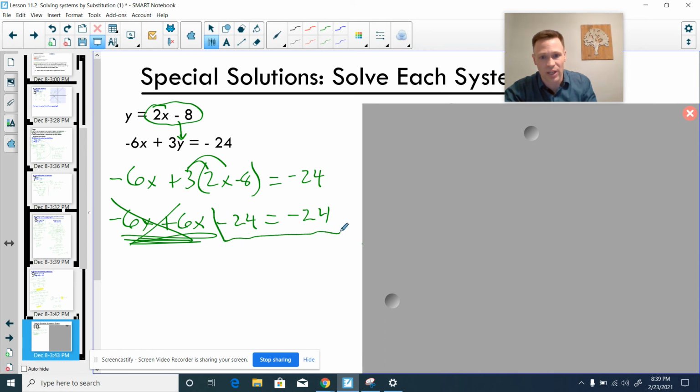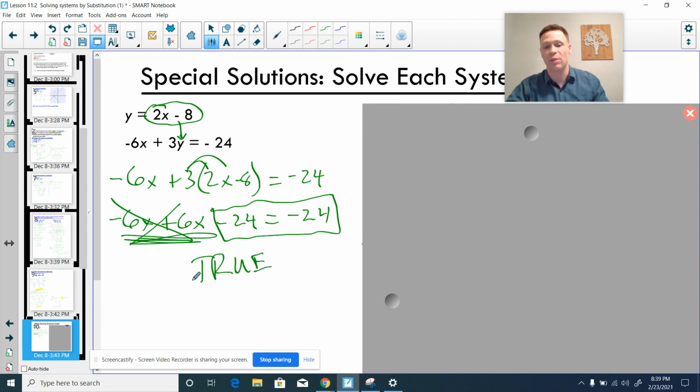So what I'm left with is negative 24 equals negative 24. When this happens, and it can, you have to evaluate whether or not this is true or false. And obviously this is true. So when we get a true statement, what we say is that that's the infinitely many solutions scenario, where these 2 lines are in fact the same line and they intersect infinitely many times.